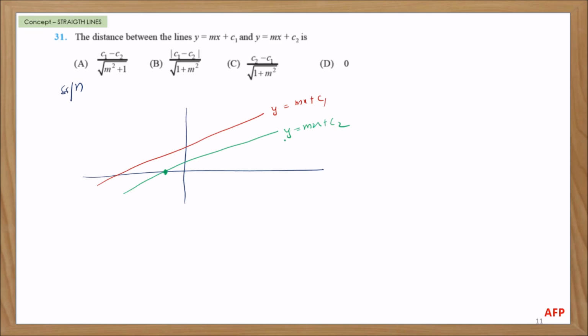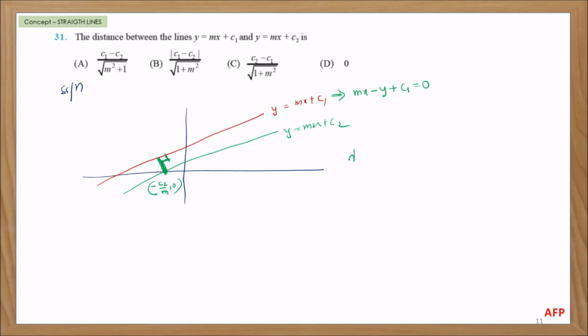Here is the point where it intersects the x-axis. If y is 0, what is x? The x point is -c by m. The distance means the perpendicular distance from this point. This can be written in the form of mx - y + c1 = 0.